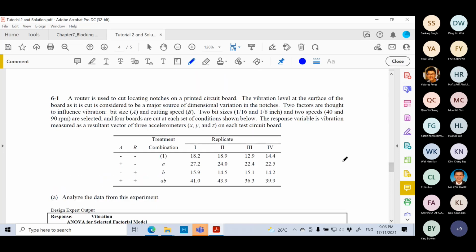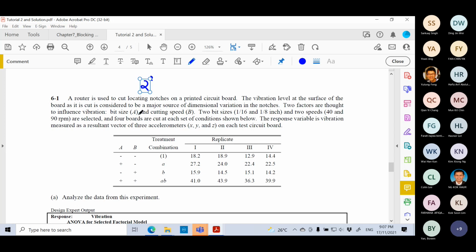This one is also a factorial design, but this one is a specific case, the special 2 power k factorial design. If you want to perform it using the similar formula as in question number 5.6, it is also possible. But if you want to use this as a 2 power k, then you can use a simple formula by calculating their contrast.